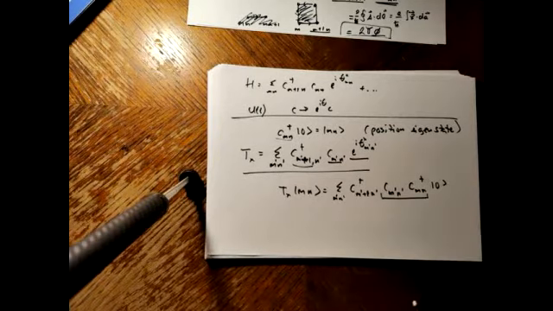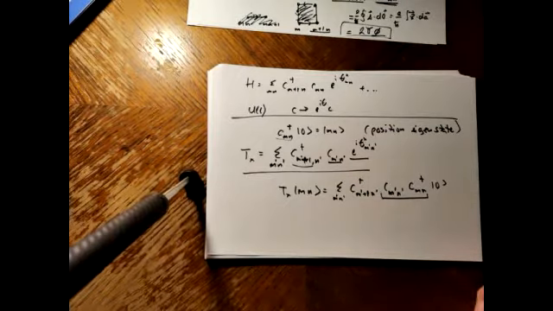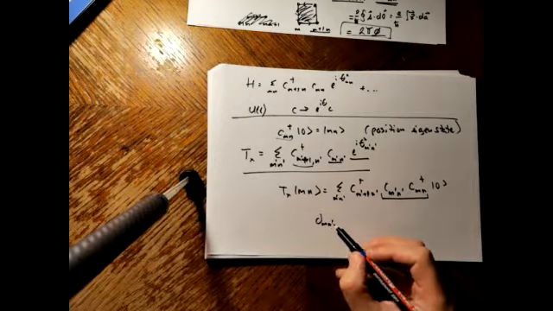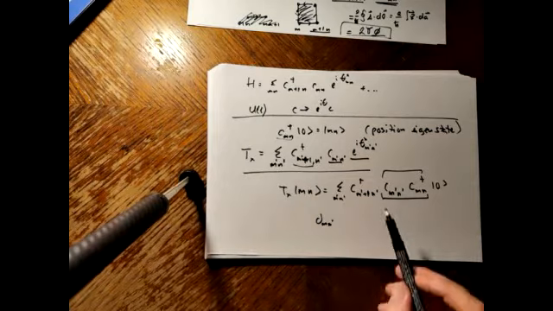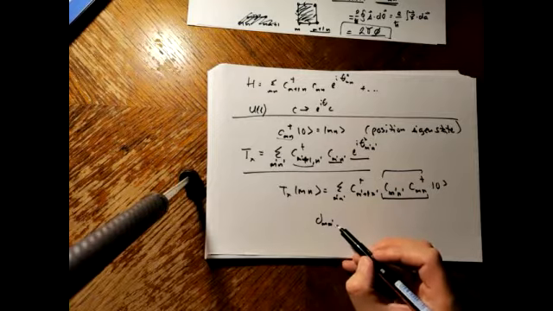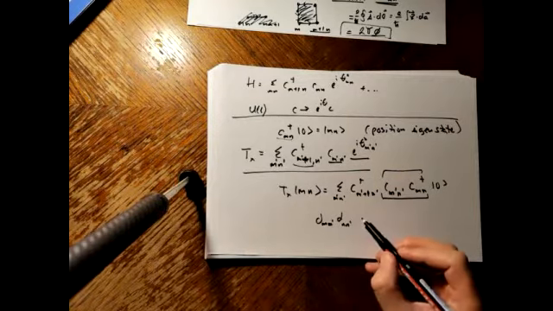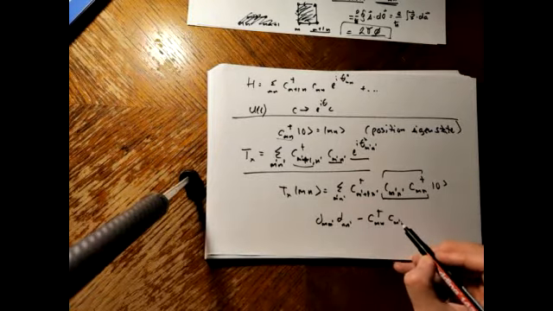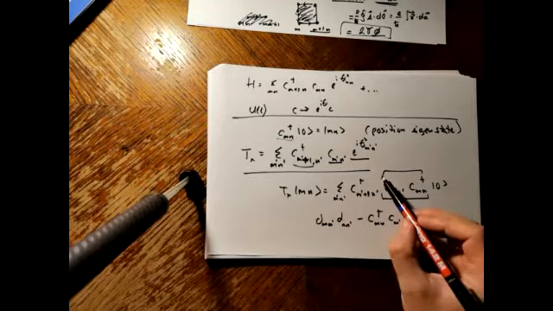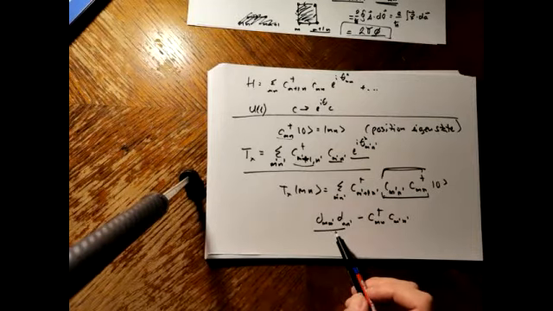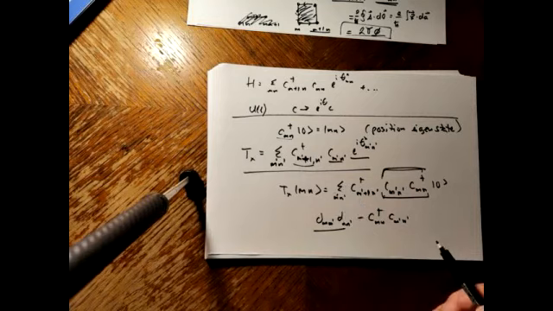I'm going to use the anti-commutation relation that exists for fermionic operators. I can replace this product according to the anti-commutation rules for creation and annihilation operators by delta m prime m delta n prime n minus c mn dagger c m prime n prime. But you see, this is a delta function, so that just kills both sums here.